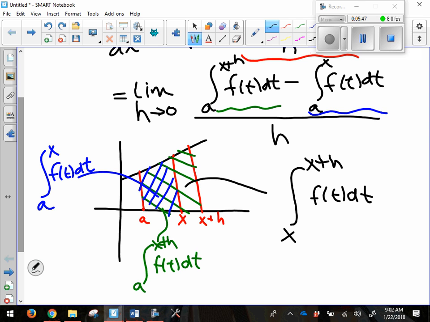So when I take the green area minus the blue area, what I end up with is this part here. And that's just the area from x to x plus h of f of t dt. Everybody see that?